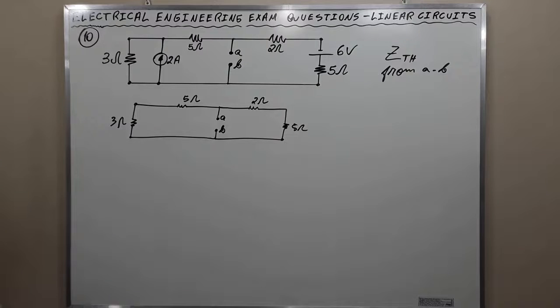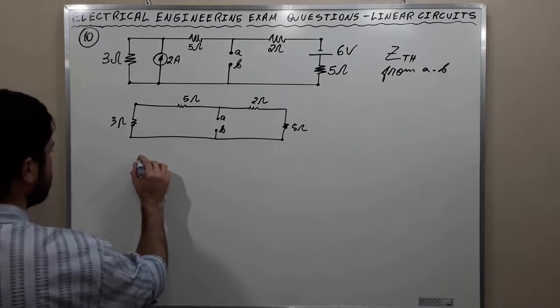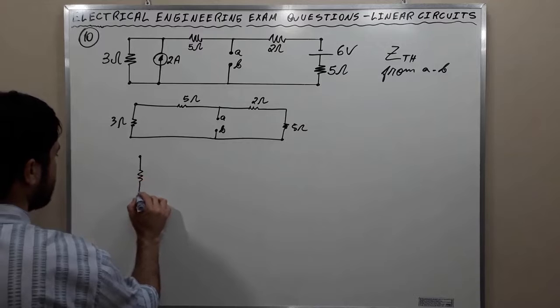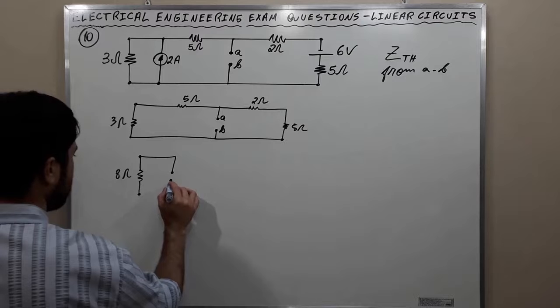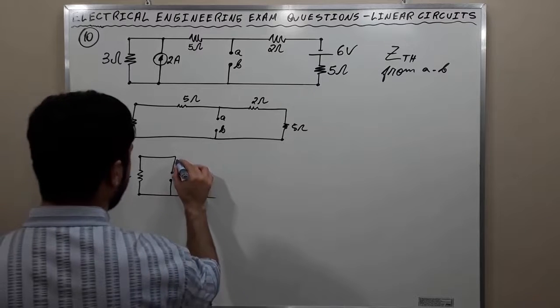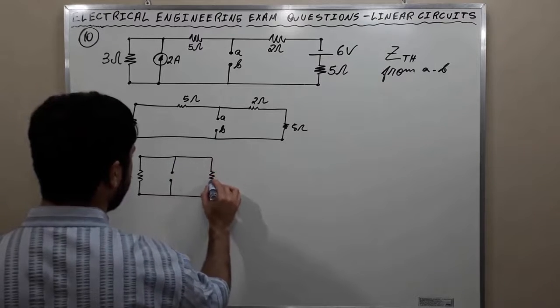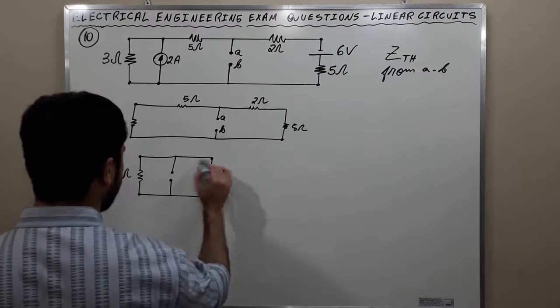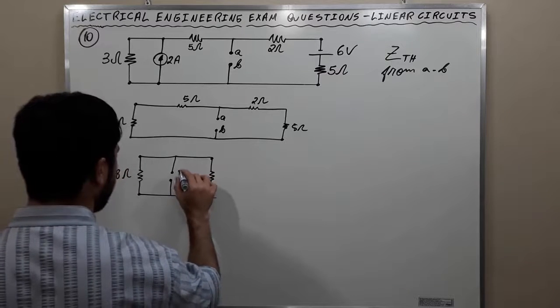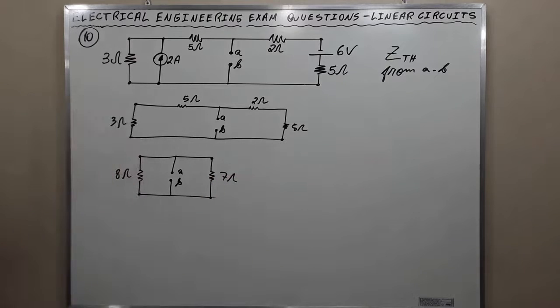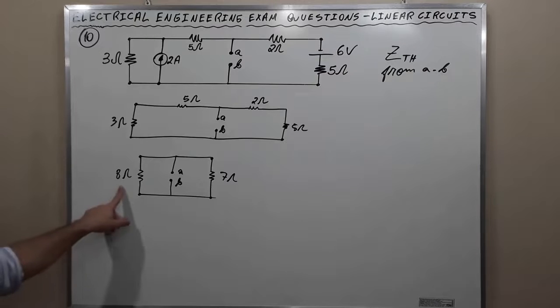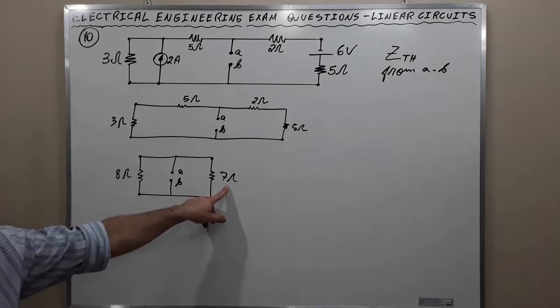Further reducing the circuit, we arrive at, and now we have the parallel connection between this resistor and this resistor here.